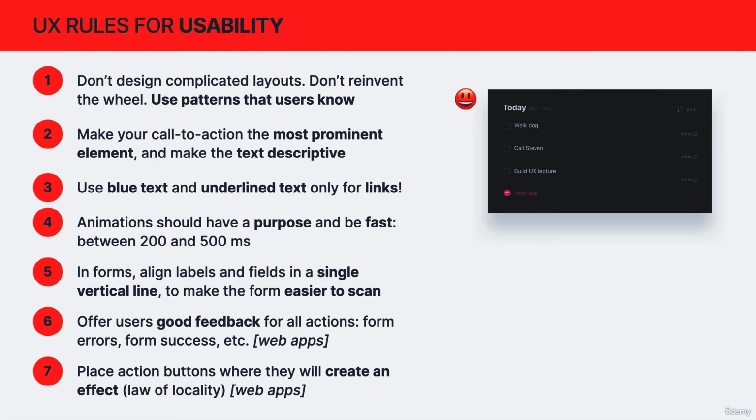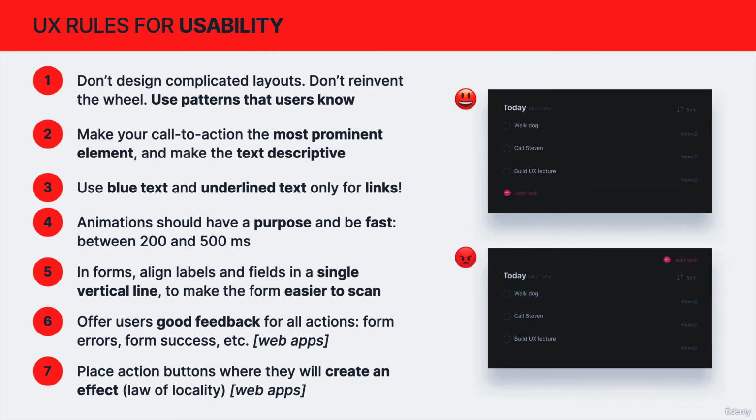So this is what good UX for an action in a web application looks like, while bad UX design would be something like this. So having a button in a completely random place, which would then create an effect that is completely detached from the button's location. Now, of course, this doesn't really apply to the typical call to action buttons that we have on something like marketing websites, but I still find it important to mention these rules here anyway.